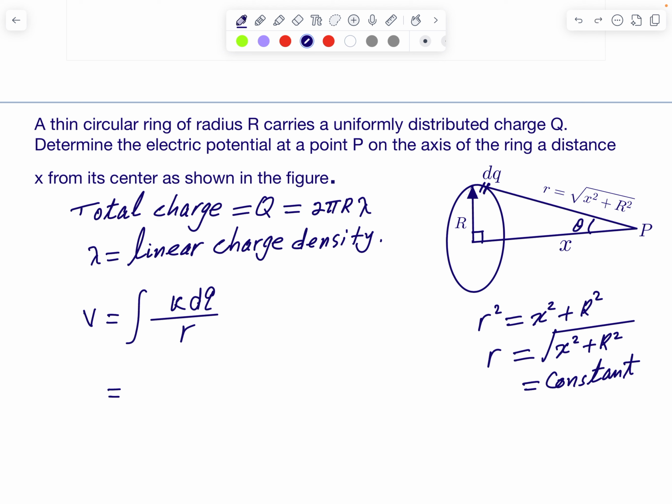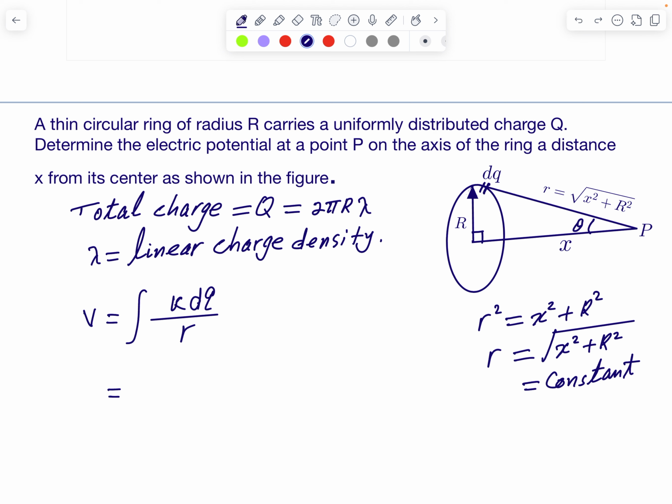We can take them out of the integral. And what is dq? dq is changing because q is very small at this point, and then we take the integral of it, which means we sum it over the whole circumference of the ring.